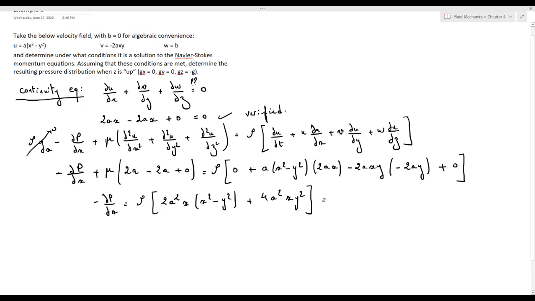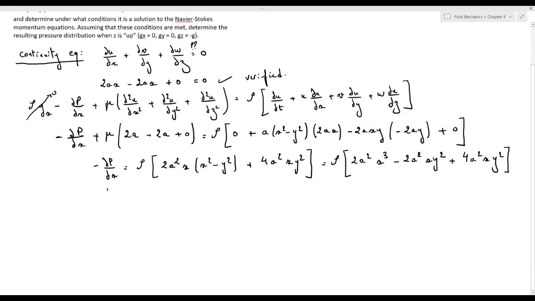So this would be equal to rho into 2a²x³ minus 2a²xy² plus 4a²xy². So here we have minus 2a²xy² plus 4a²xy², which is equal to 2a²xy².